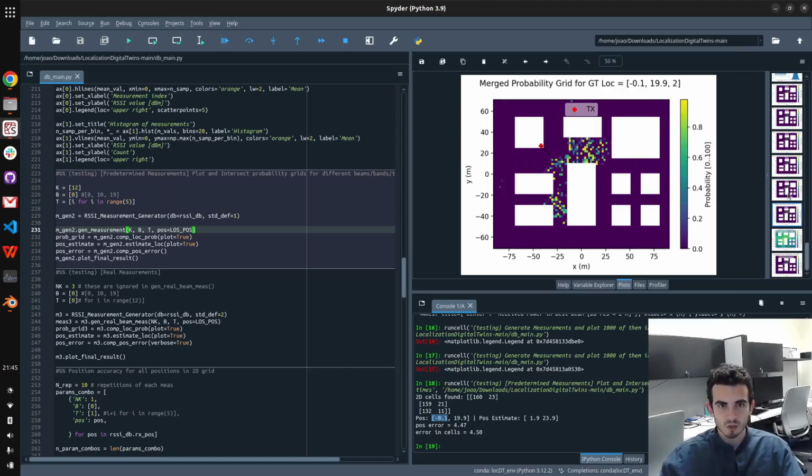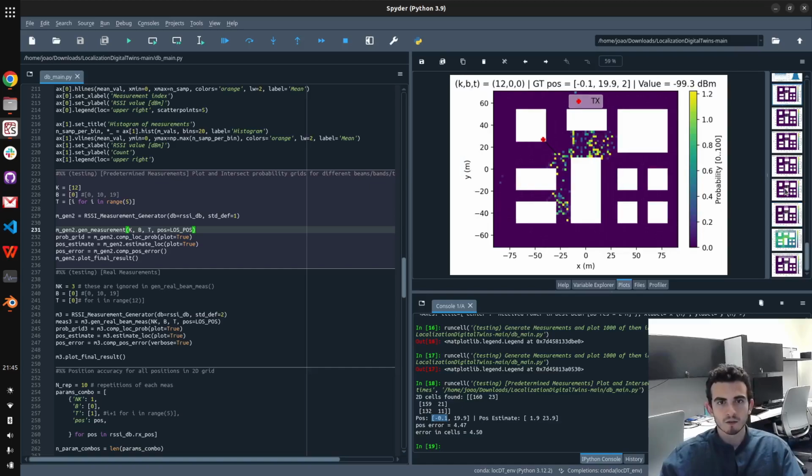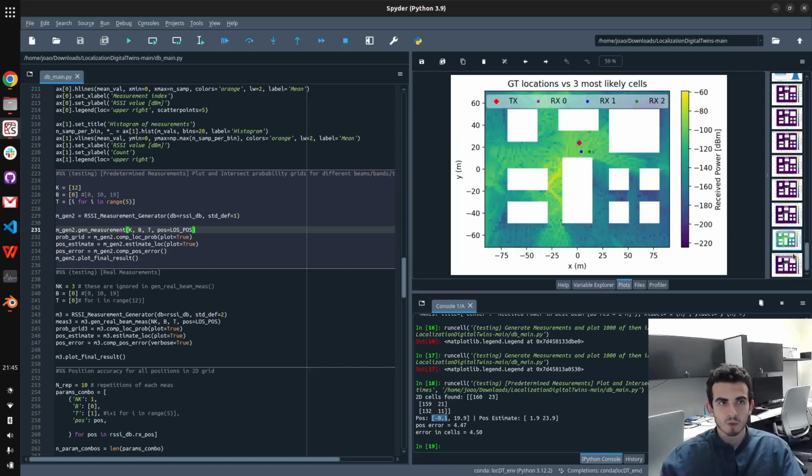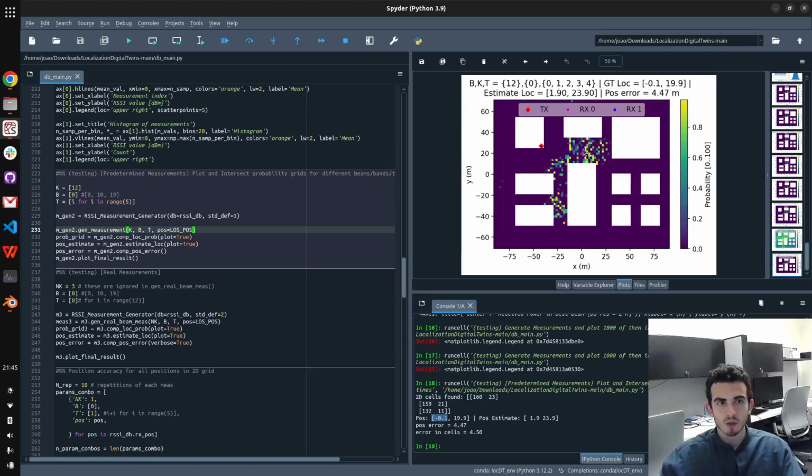probability clouds essentially. So these first 5 are the 5 measurements that are performed in a given beam, and we got -99, -98, etc. And then the probability grid that is merged from those measurements, and where are the 3 most likely positions, and then we get the maximum position there, resulting in an error of almost 5 meters.